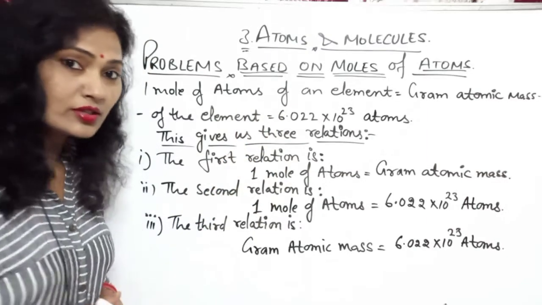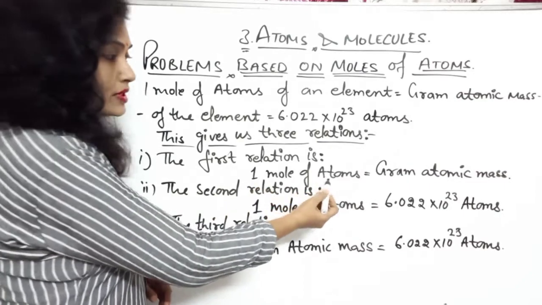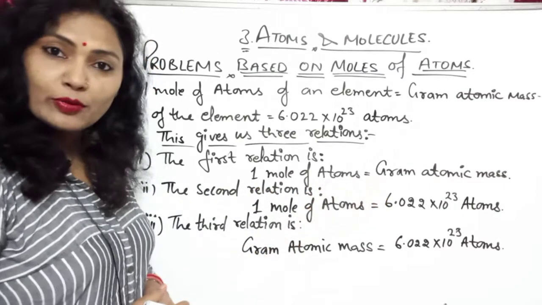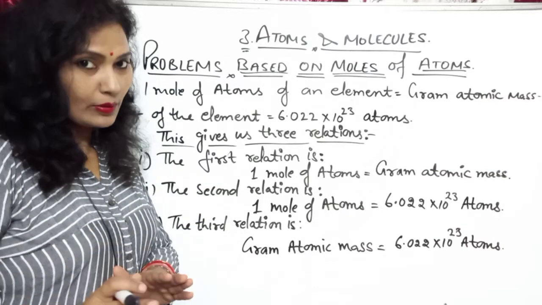Now this equation will give us three relations. First relation: 1 mole of atoms equals the gram atomic mass.